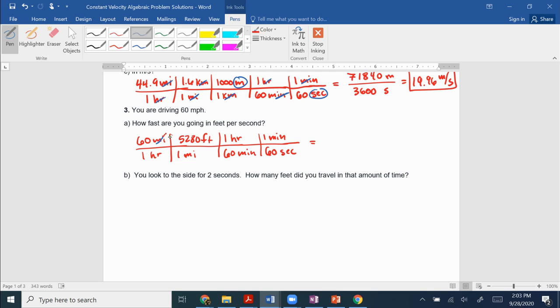Miles are going to cancel, leaving us feet on the top. Hours are going to cancel with hours. Minutes are going to cancel with minutes, leaving us seconds on the bottom. So good. So we have 60 times 5,280.